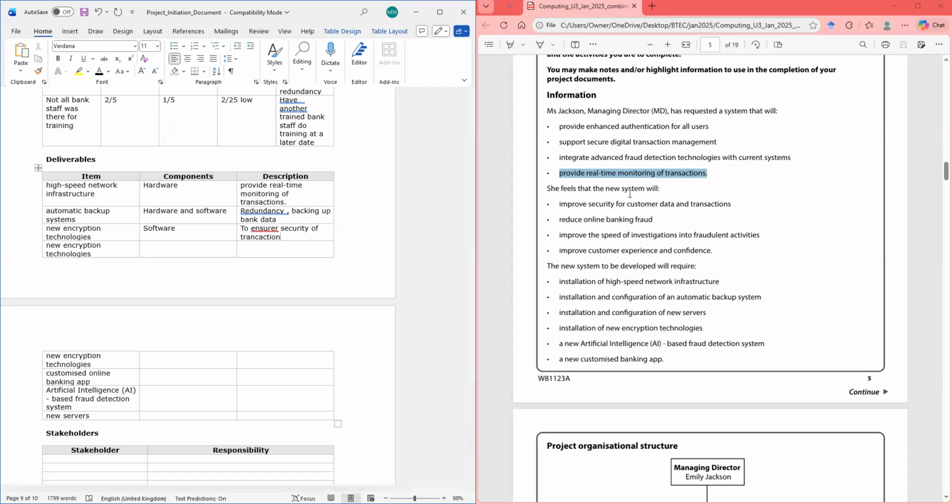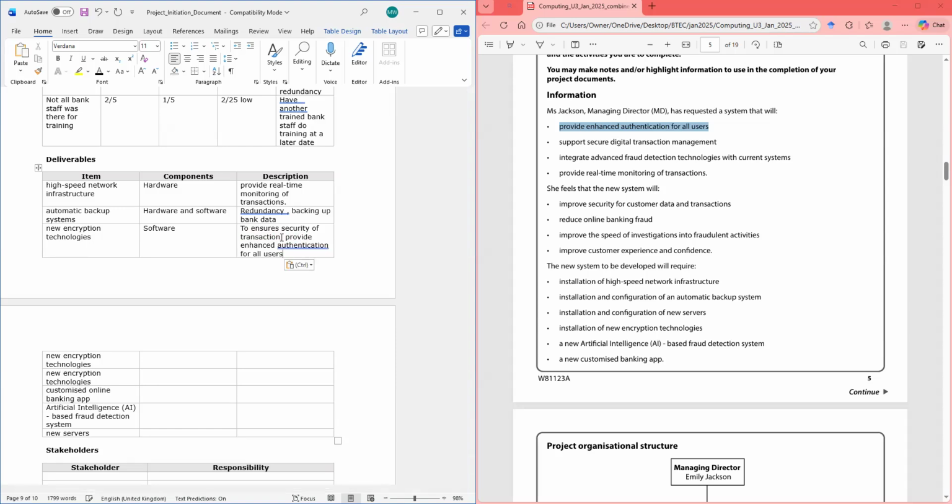It's up here. Provide enhanced authentication for all users. So I'm just going to copy this over. So what I'm doing, I'm getting it from the set task brief as I go along, as well as from my knowledge of security encryption.